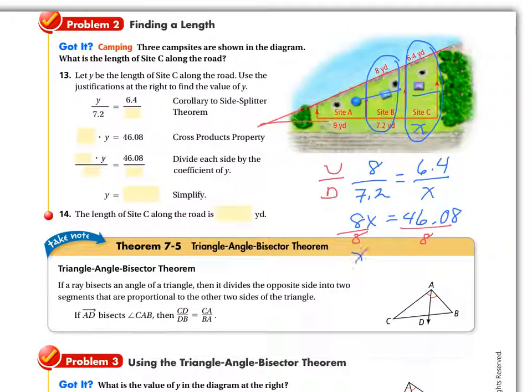We get X is equal to, and obviously for a problem like this, I would assume you're using a calculator, 5.76. And is that chicken livers, oranges? Yards. Oh, yards, thank you. And so that does answer the question. So you should have a therefore statement with this because it's a word problem. Therefore, the length of site C along the road is approximately 5.76 yards.